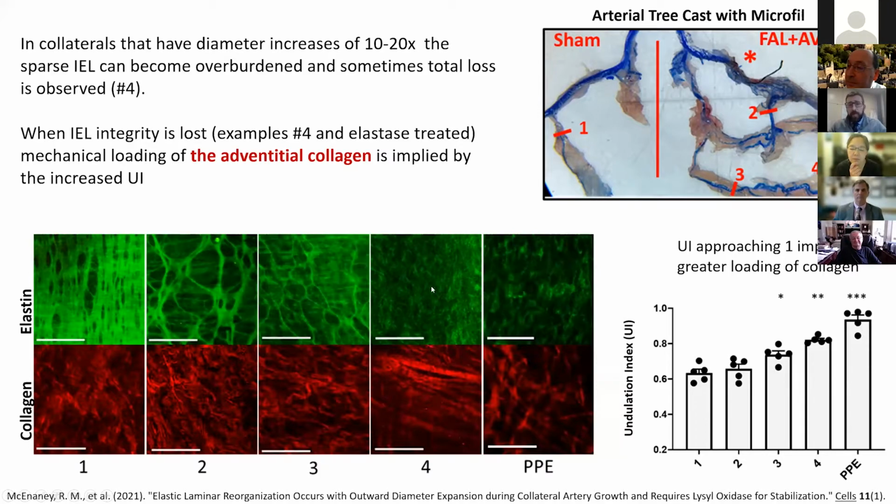This morphology of these very small collaterals that had undergone such dramatic expansion is very similar to blood vessels treated with intraluminal elastase, where the internal elastic lamina was enzymatically degraded. We see a very similar pattern of IEL loss and loading of the adventitial collagens. And that is just described here in very basic terms with an undulation index. Again, any interested listeners should check out the references where this is published.